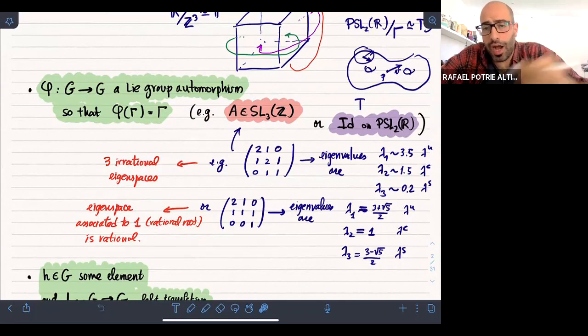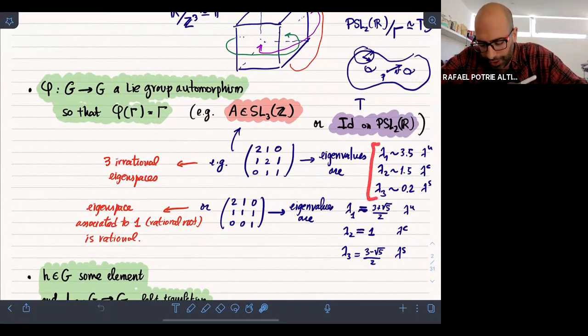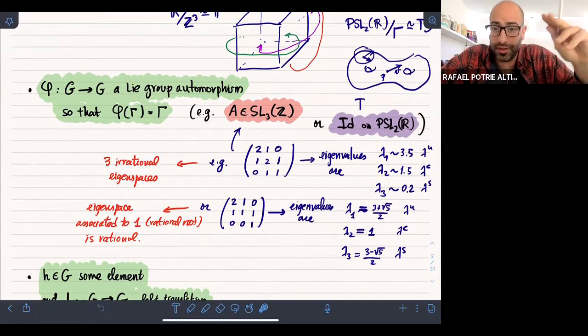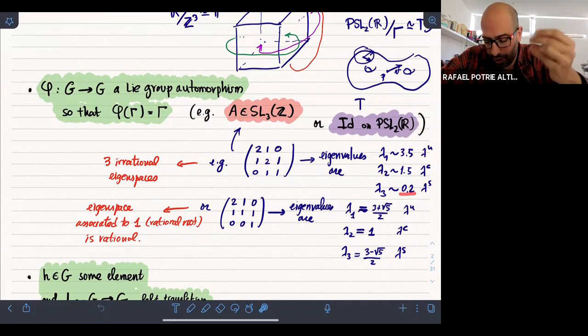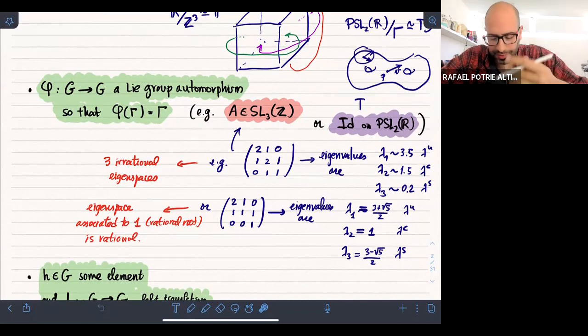You can put it on the computer, and it will show you that you have two eigenvalues which are larger than 1, they are different, and one smaller than 1. And of course the eigenspaces are orthogonal because the matrix is symmetric.